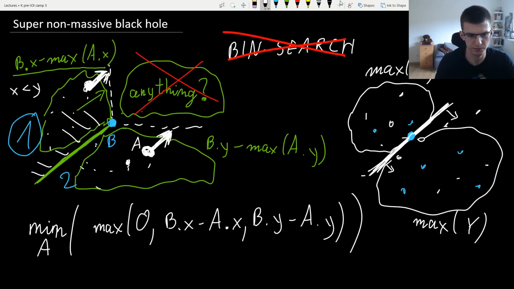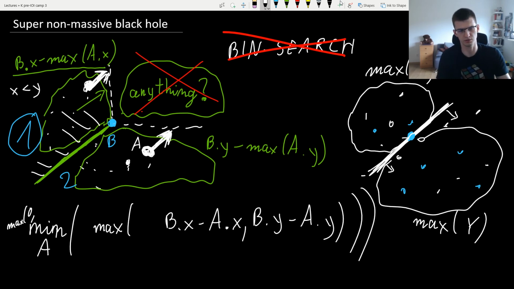There's also the thing about max 0, this one, also in 3 dimensions. We just can apply it at the end. I can say that I remove it from here, I do that, and then at the end max of 0, comma, what I computed there, comma, the minimum over all A, and that will be also fine.